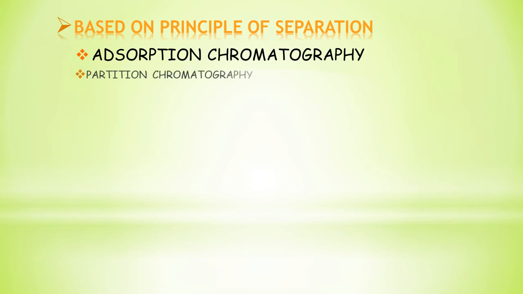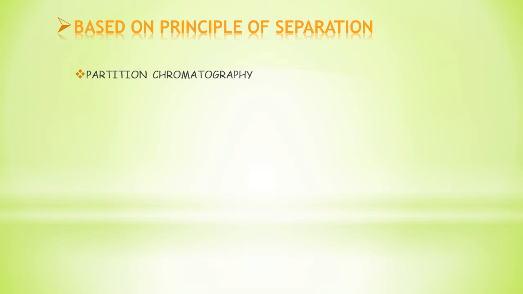On the basis of principle of separation, we can classify chromatography into adsorption chromatography and partition chromatography. First, we will discuss about partition chromatography. In partition chromatography, the compounds are being separated based on the solubility of the compound in stationary phase and mobile phase.